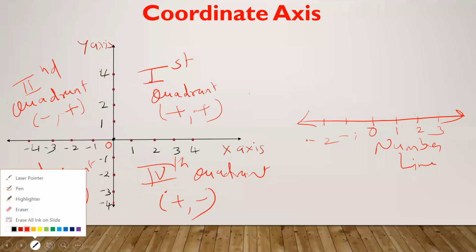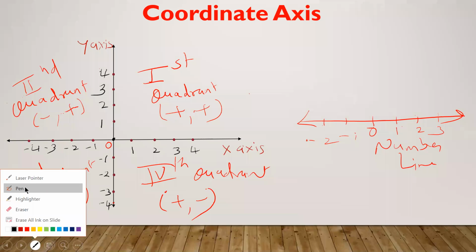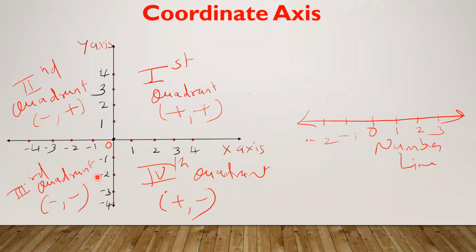And this is 3. And on the y-axis, to the downside of 0, above means below, I have negative numbers.